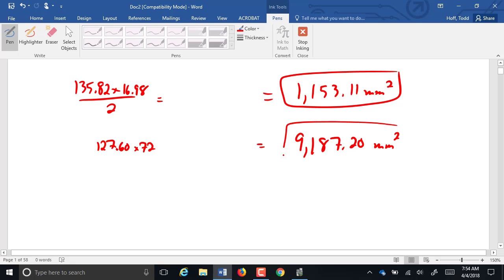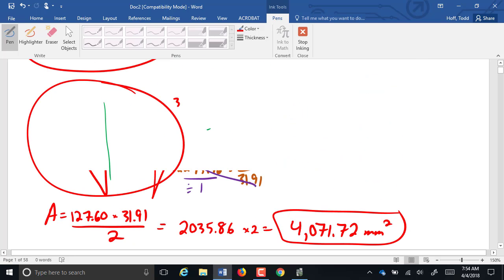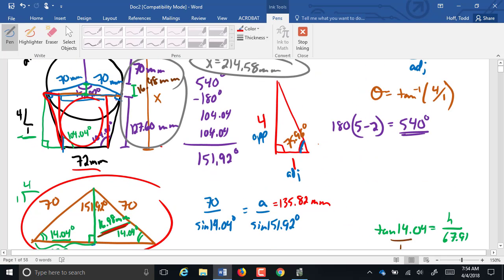And then finally, we have the circle. Our circle is pi times radius squared, but then we don't have a full circle. What we're finding is the area up here. This was 151.92. So 360 minus that is 208.08.